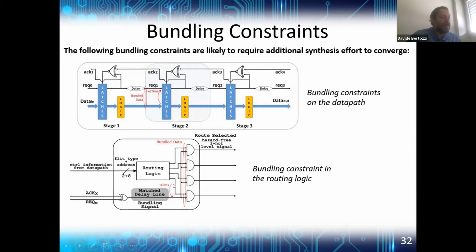And so we cannot allow the propagation of these glitchy signals because they would induce in an asynchronous design undesired requests to the output ports. Okay, so the communication from this point to the output port should be hazard-free. And the way to achieve that is to have a matched delay line that makes these filters transparent, but this should happen only after the slowest routing computation signal has stabilized. So we have again a bundling constraint here.